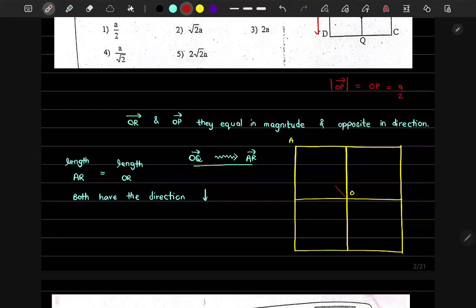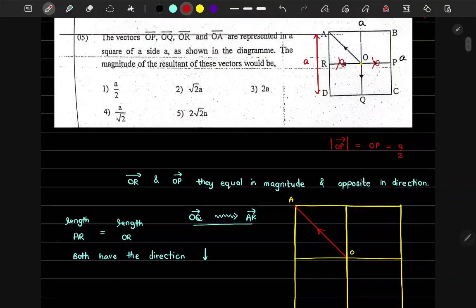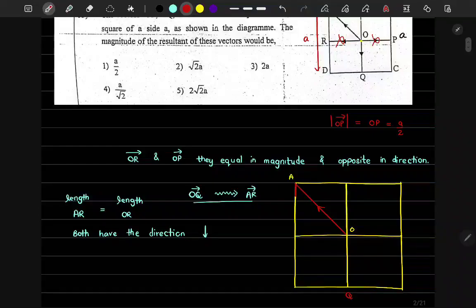Instead of vector OQ, I use vector AR, because the vectors are the same. They are equal in magnitude, they are equal in direction, so they are equal vectors.